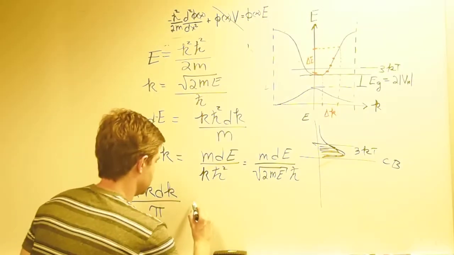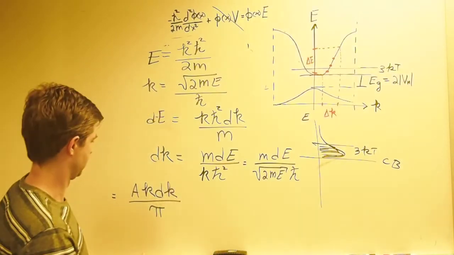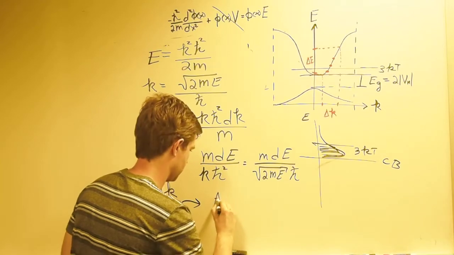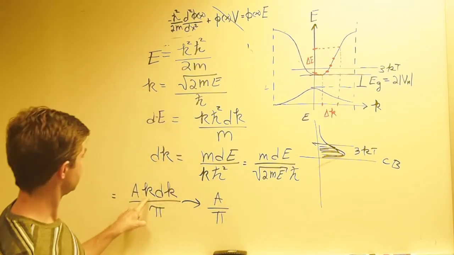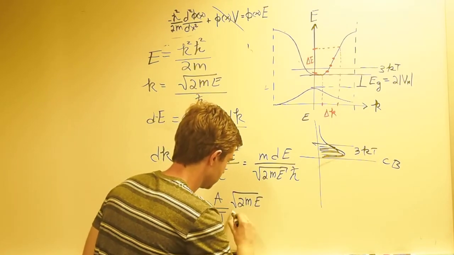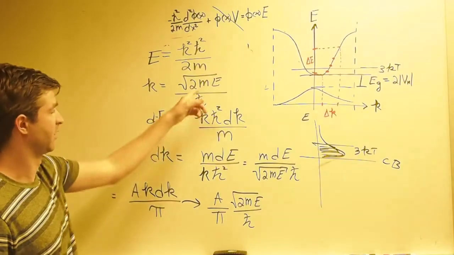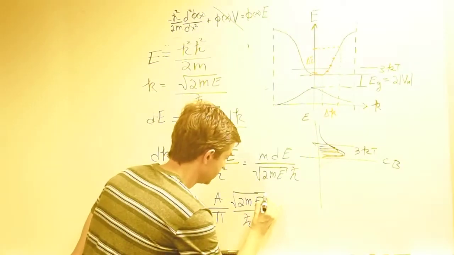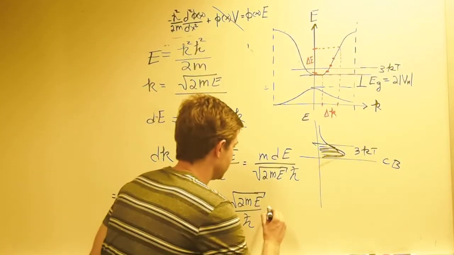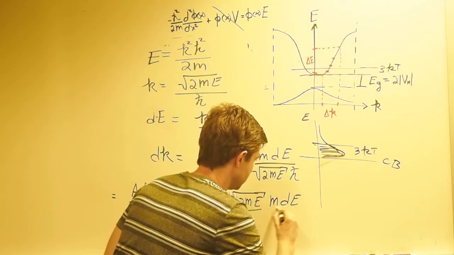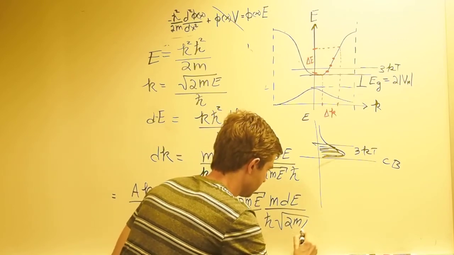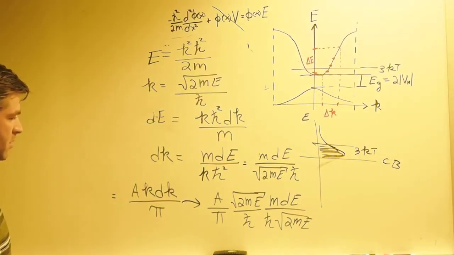Plug that into here, now we want to write this in terms of E. So you write A over pi, k, the square root of 2mE over h bar. I'm sorry, h bar, that's Planck's constant. I probably should have mentioned that earlier, but you should know that by now if you're watching this video. Times dk, which is m dE over h bar times the square root of 2mE. Take a look at that.